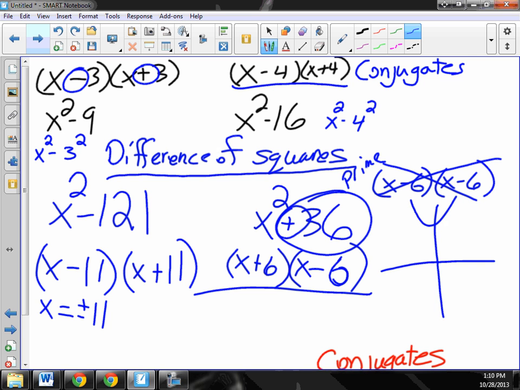So there are, in fact, no real numbers that satisfy that. So for today, the answer would be no solutions. Later on, we'll figure out a way to find some solutions. So when you're looking at something like this, it has to have perfect squares, and it has to have a subtraction. If it doesn't have a subtraction, it's not going to work.